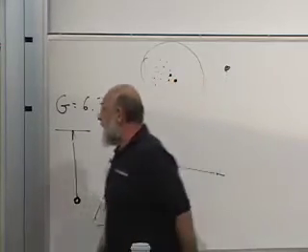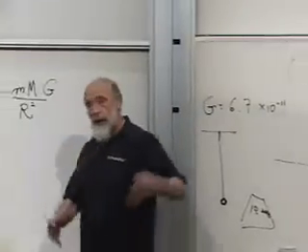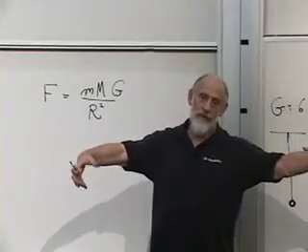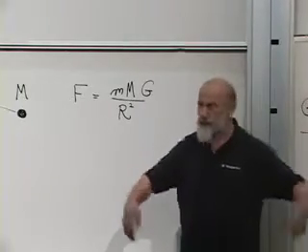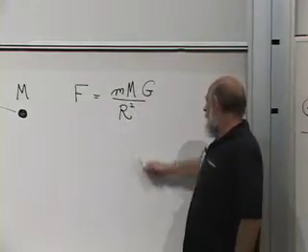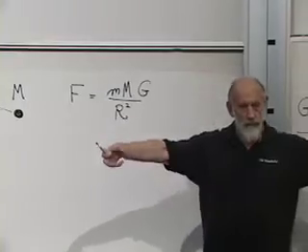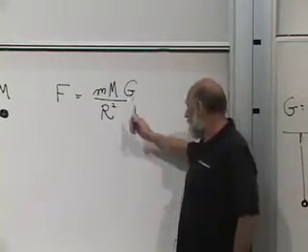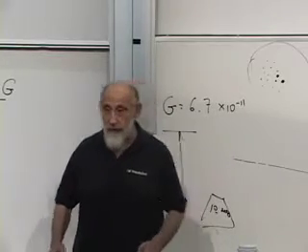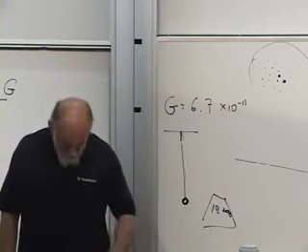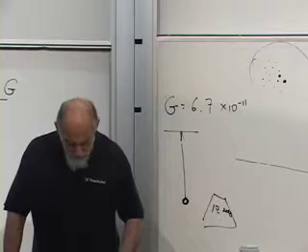Another way to say it is if you take two masses, each of 1 kilogram. A kilogram is a good healthy mass, right? A nice chunk of iron. You separate them by 1 meter, then the force between them is just G, 6.7 times 10 to the minus 11th, the units being newtons. So it's a very, very weak force.